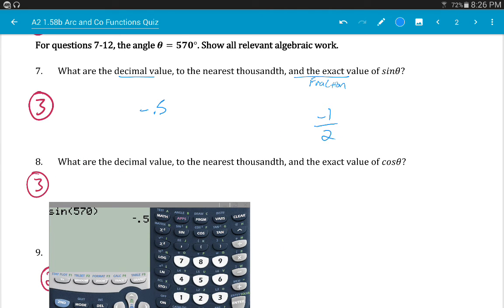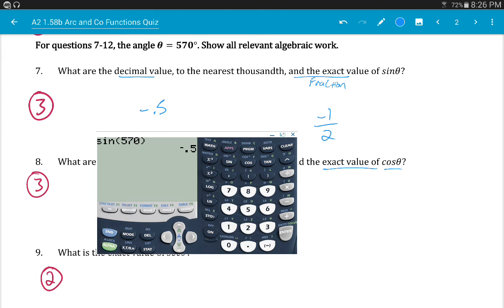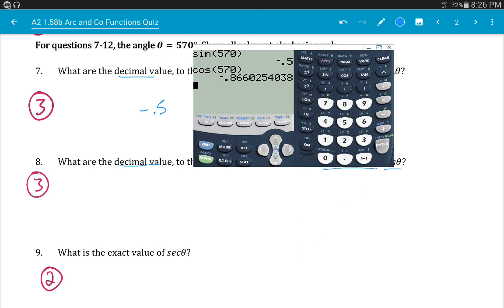Next question was the decimal value and the exact value of cosine theta. Same angle, cosine of 570. That's negative 0.866. And the exact value is negative radical 3 over 2. Decimal, exact.